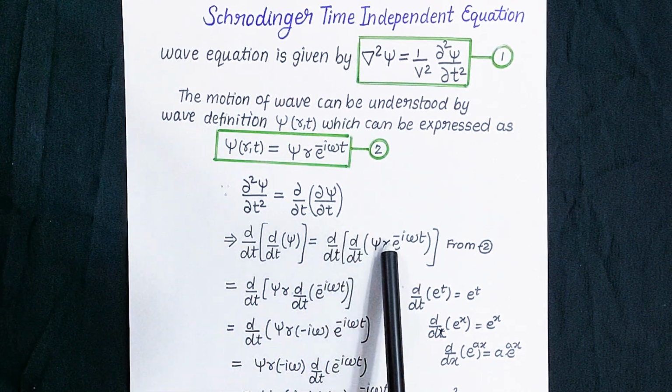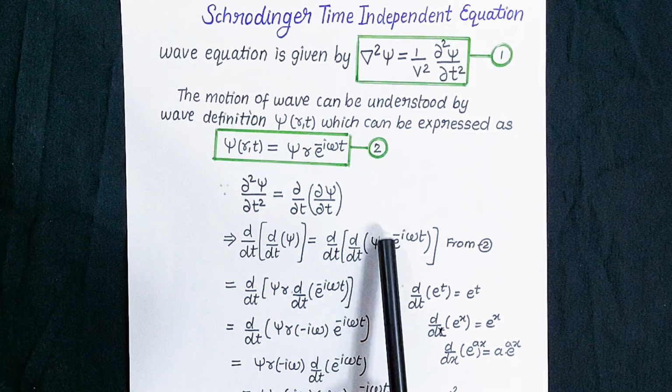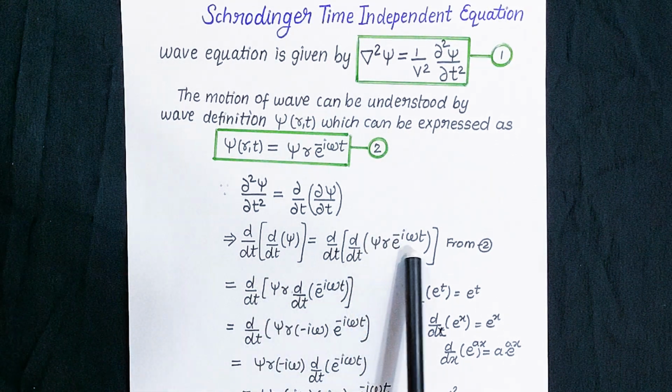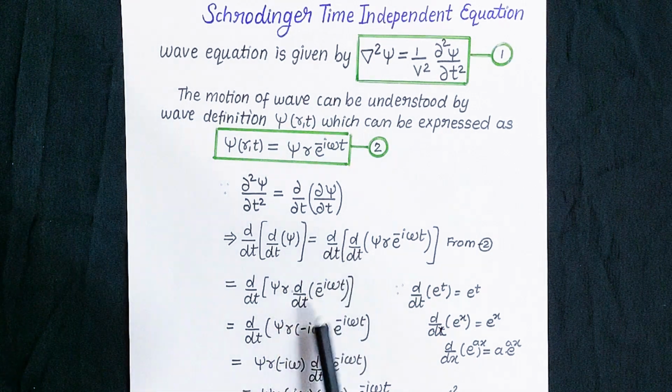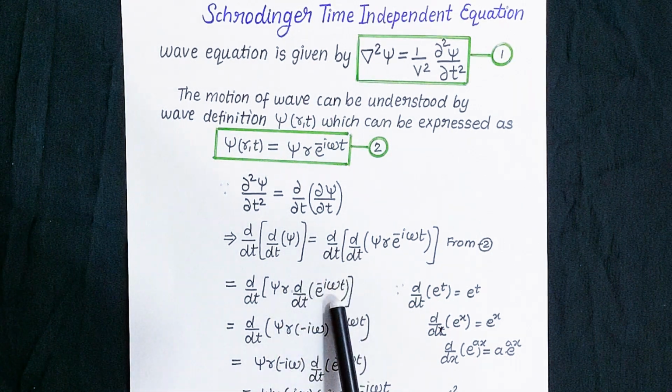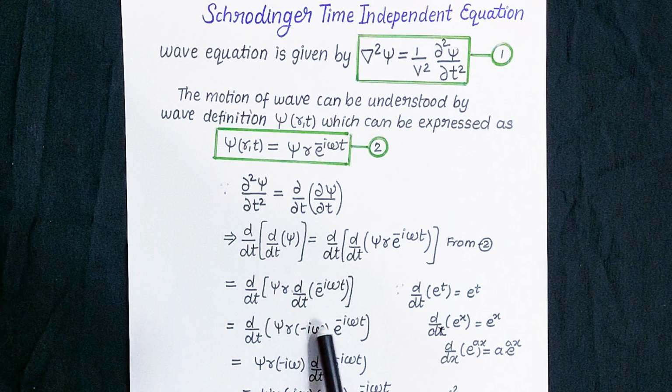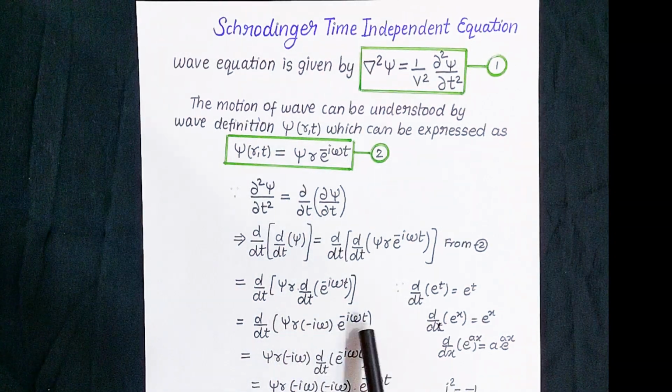In the first differentiation, ψ(r) is constant, so it comes out, and the differentiation of e^(−iωt) is done separately. Now, the differentiation of e^(−iωt) is −iω e^(−iωt). This is because in the differentiation we use the chain rule.